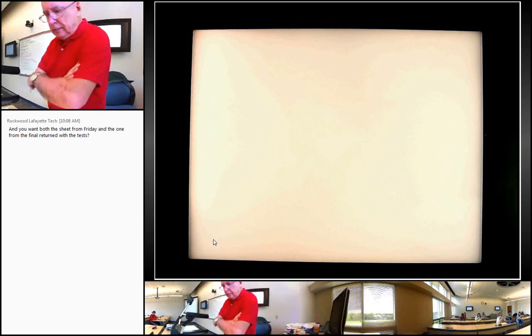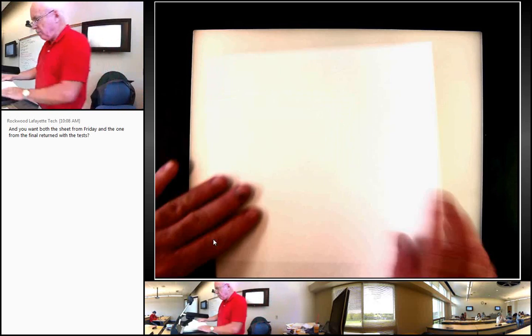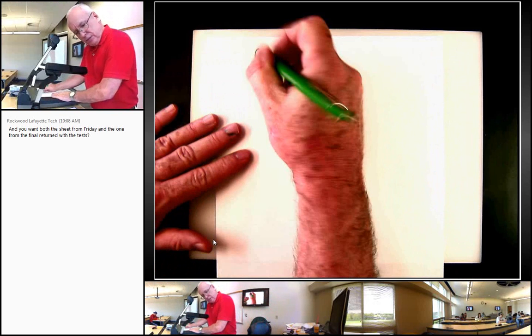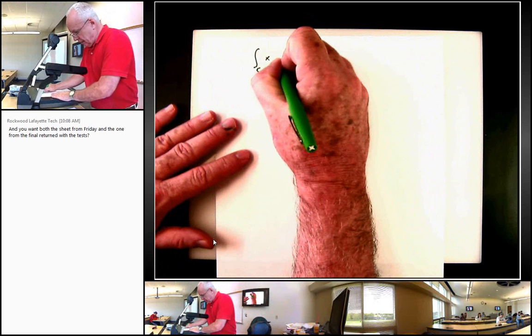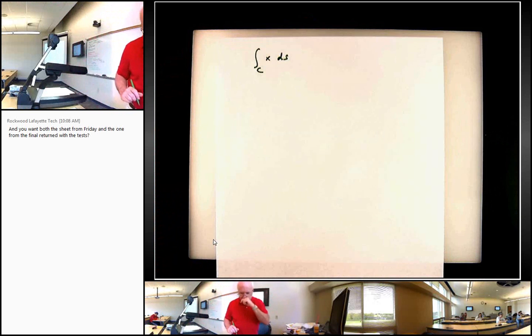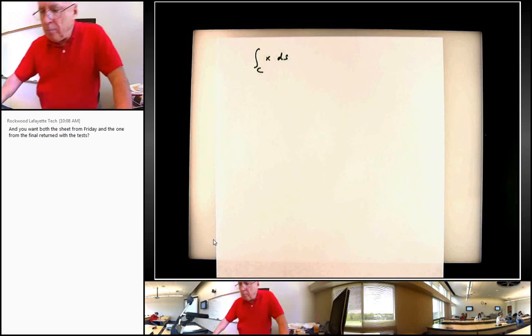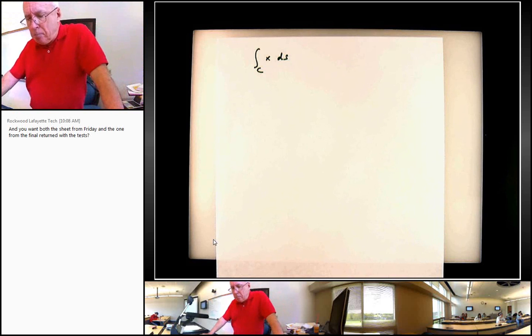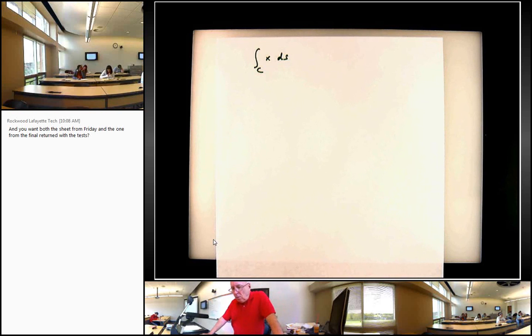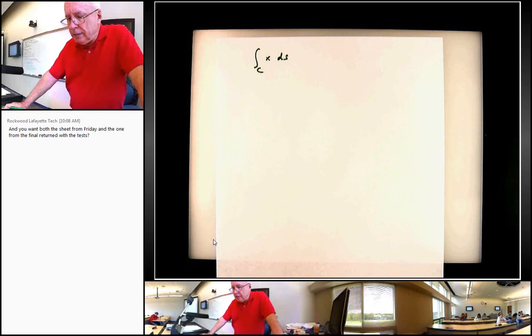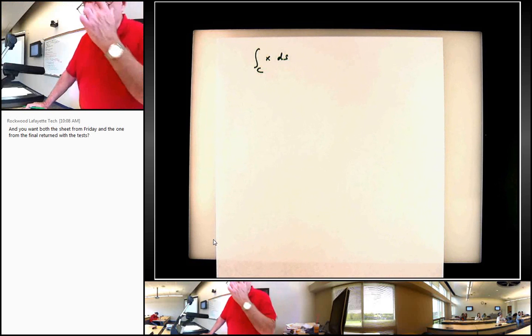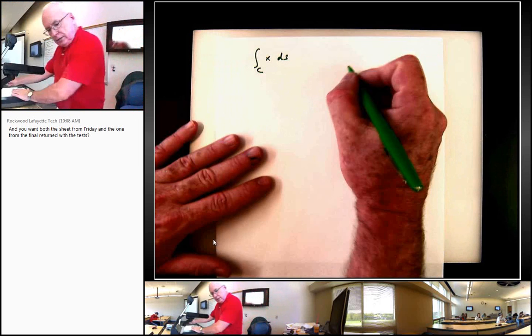Well, let's look at number 1. What number 1 involves is evaluating this integral, x ds. Let's see, what do we have here? We have to get this parameterized, right? What is C?